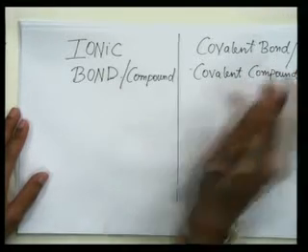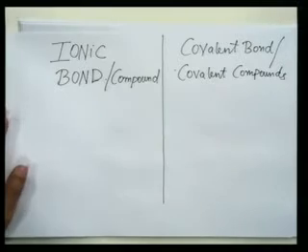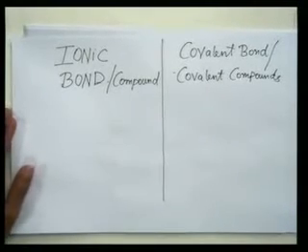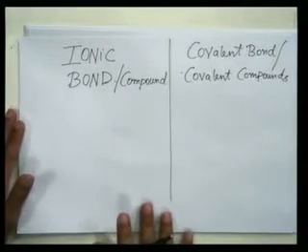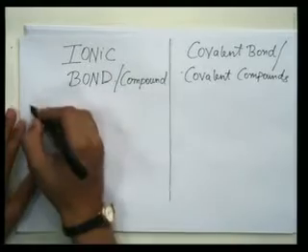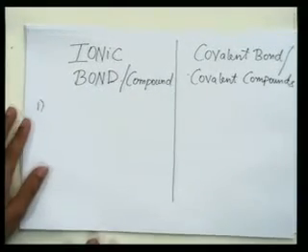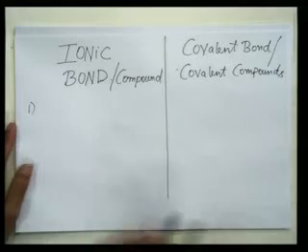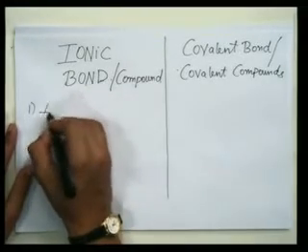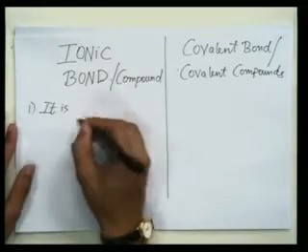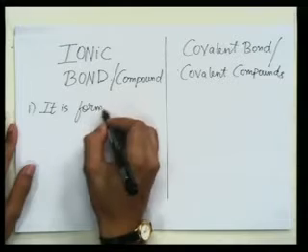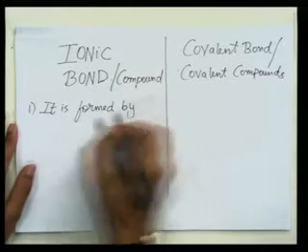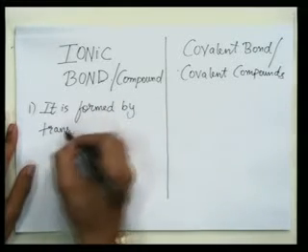Now let us try to just put up into the form of difference. Okay, what happens when we try to relate them? The first thing that comes to the mind is to write the definition. So we can write the definition as, it is formed by transfer of electron.